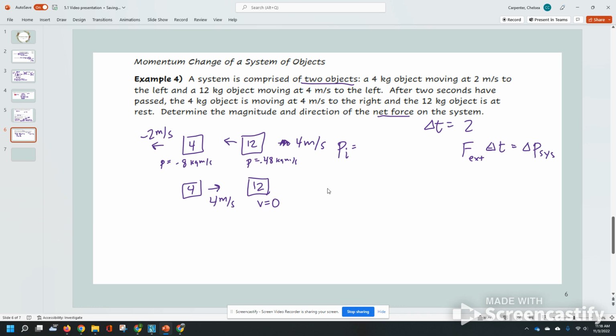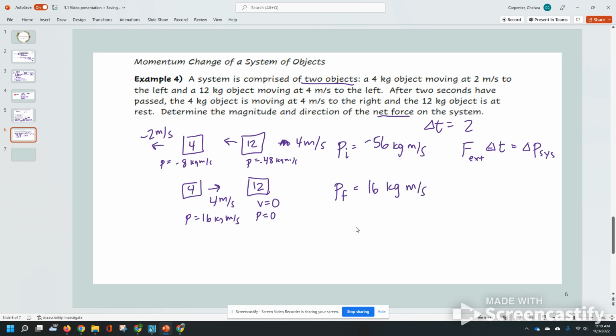So my initial is negative 56 kilogram meters per second. The final momentum for this system: this has no momentum because it's not moving, and this has positive 16 kilogram meters per second, just 4 times 4.